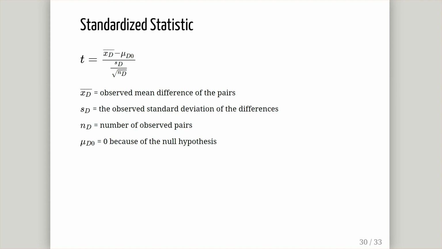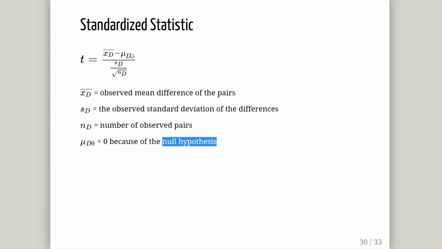You can see that the sample statistic is the observed mean difference of all the pairs. Sample mean difference is x bar d, the observed mean difference of the pairs in your sample. You get the hypothesized long-run mean difference of 0 because of your null hypothesis.